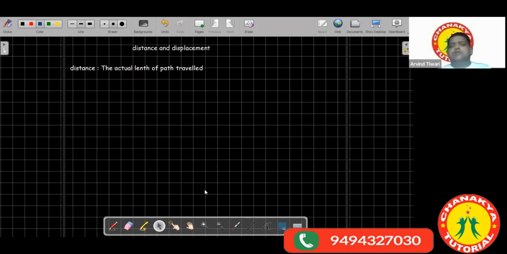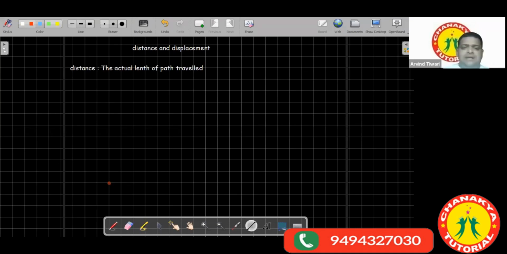So see here, as you can see, we have a grid, and suppose in this grid each column and each row measures 1 unit. Suppose someone starts from here. I'm starting from this point and you will tell me my distance traveled.